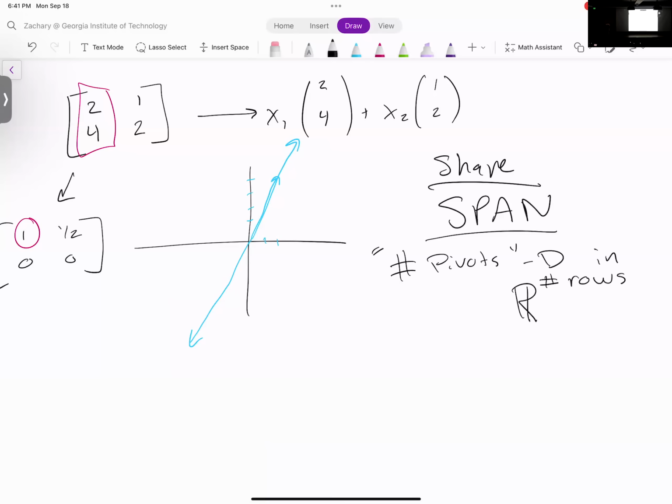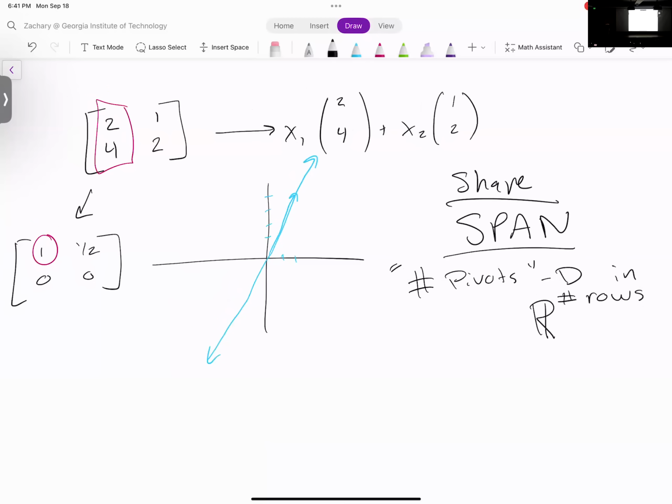In this particular case, how many pivots do we have? How many rows do we have? So my span is going to look like a line in R2, a one-dimensional thing in R2.